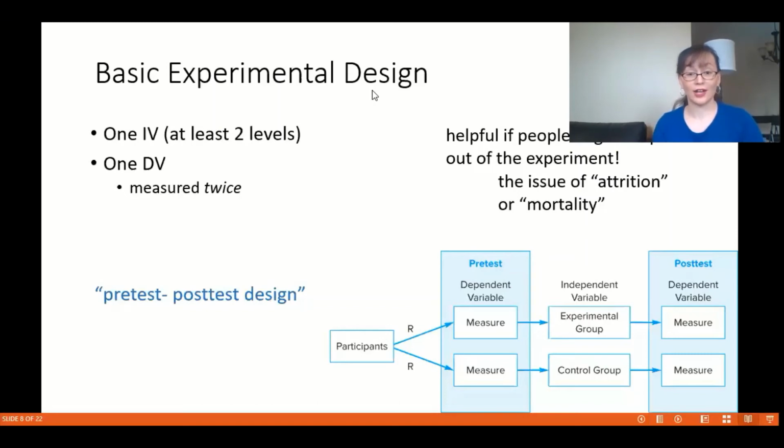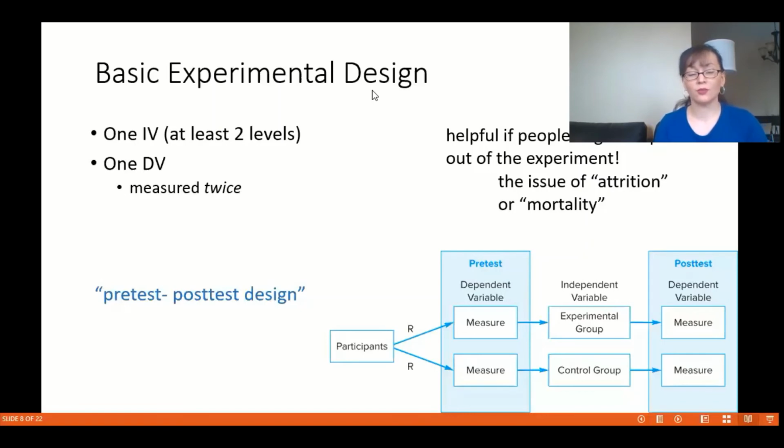And specifically, the fact that this attrition rate would be different for different levels of our independent variable would be a confounding variable. And so in order to eliminate that confounding variable, to make sure that we're aware of if attrition might become an issue for us later on, we have to have this pretest to be able to look at the difference between before and after our independent variable is introduced.